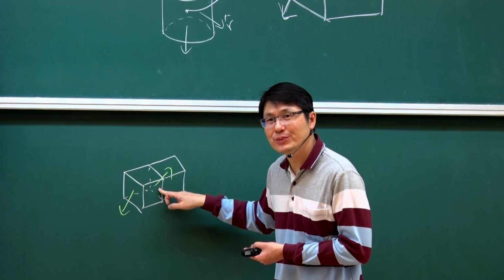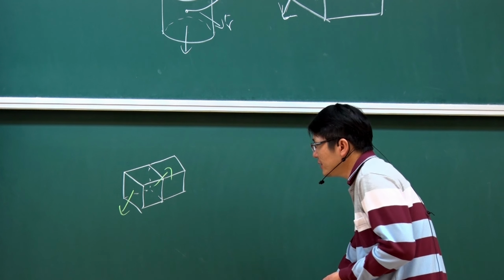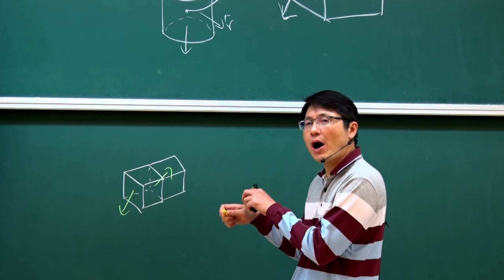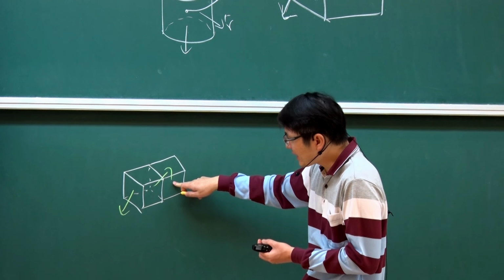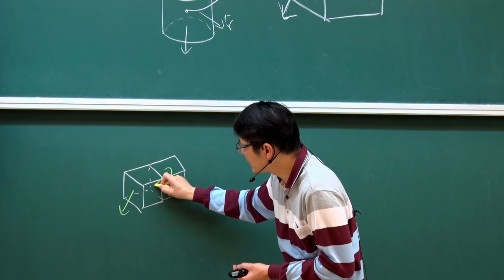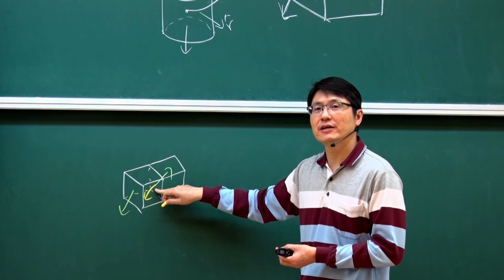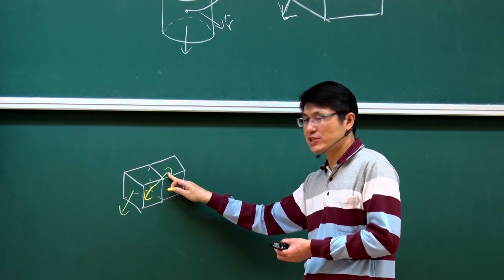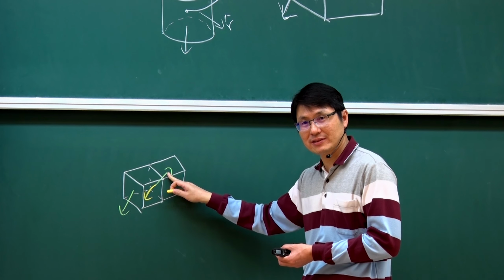That surface, right? But in this case, when I evaluate the outward flux for the second one, this surface needs to take on a direction reverse to that, right? So this is by definition.